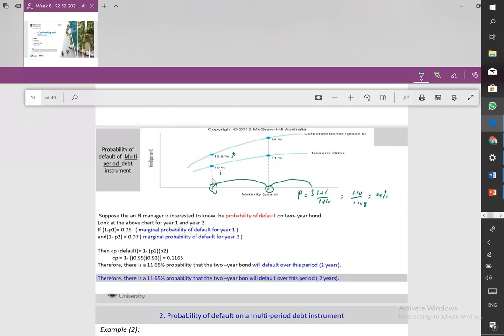Now, the point is, it's okay. If I know, for example, the probability of defaulting in year 1, I can calculate the probability for year 2, and also for year 3, and continue.